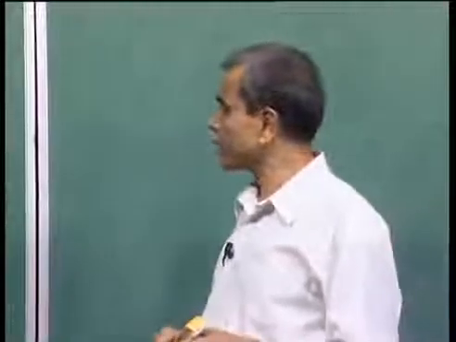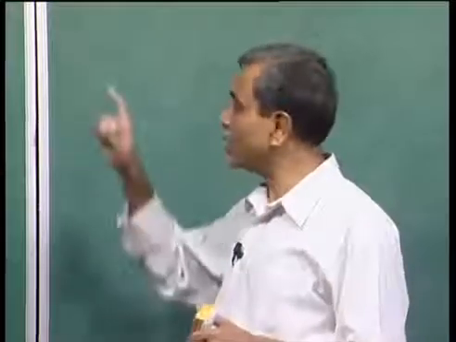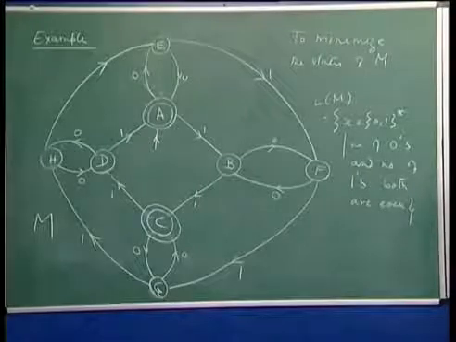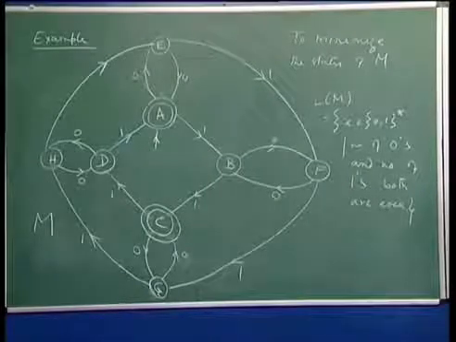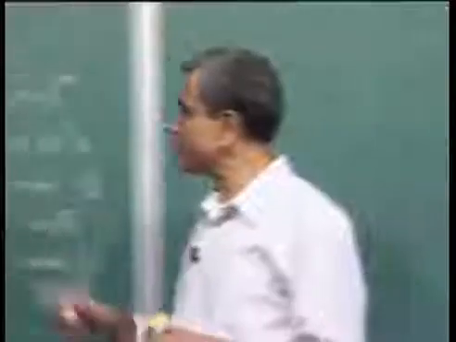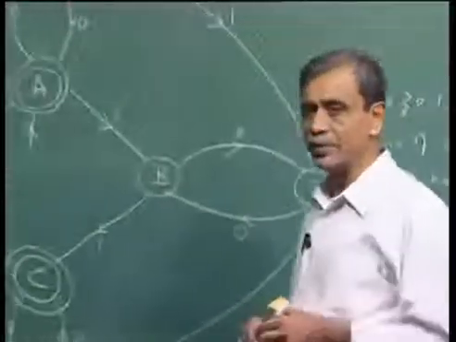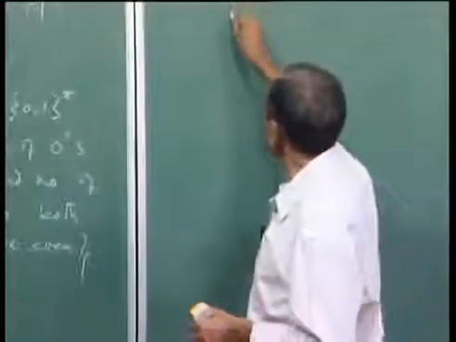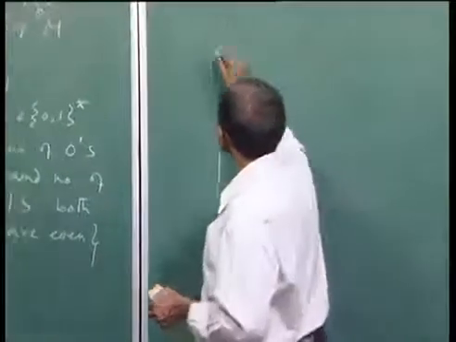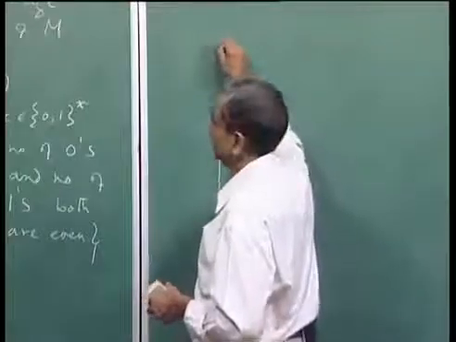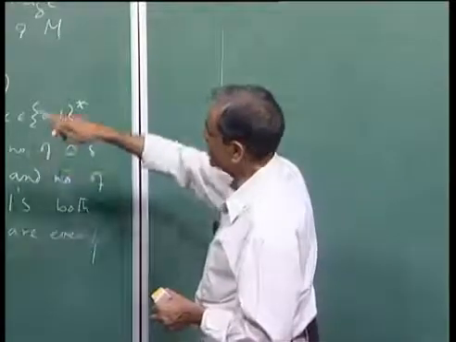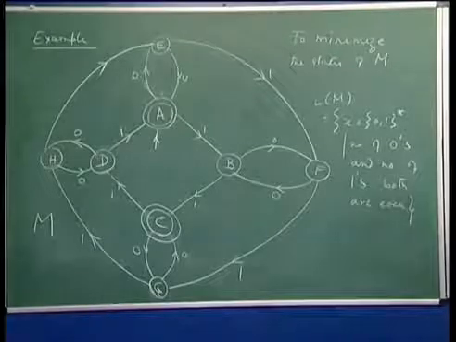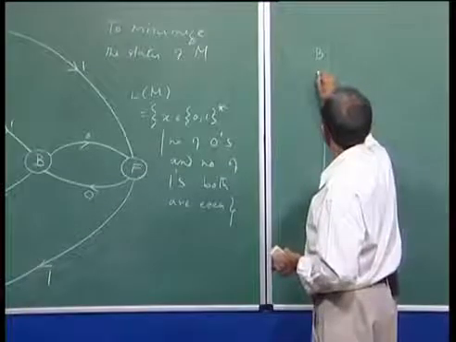Now, first of all, remember our first step in doing this minimization is figuring out which pairs of states are distinguishable. For that, one way of writing that will be, suppose I have, so there are 8 states, A, B, C, D, E, F, G, H. So, let me make a table like this.